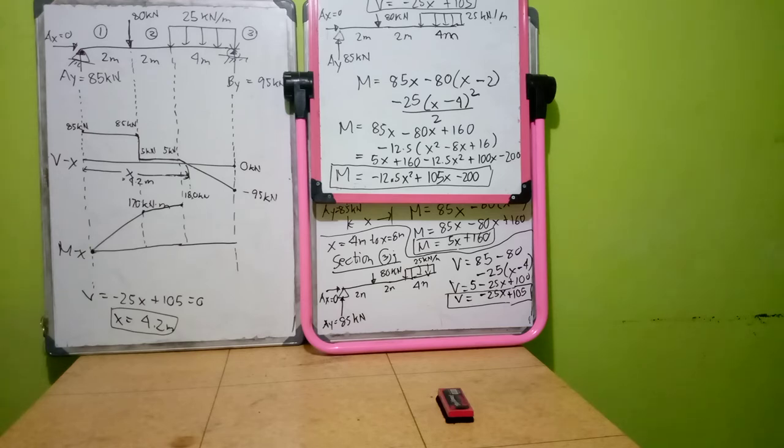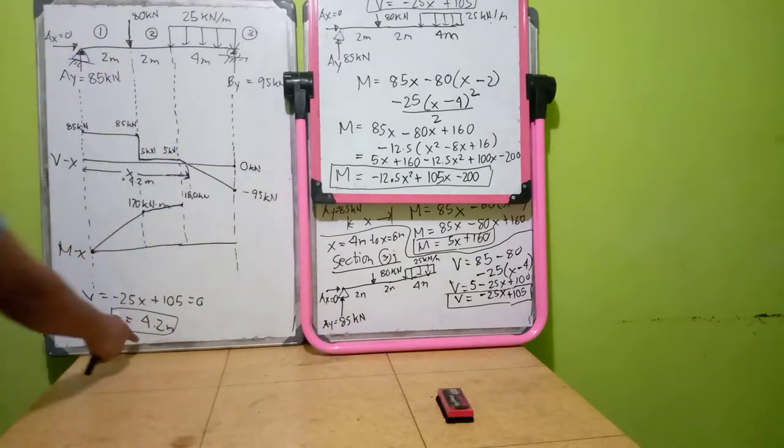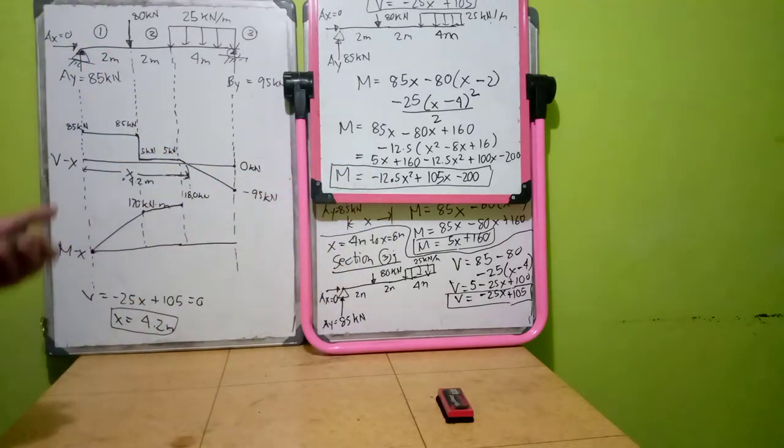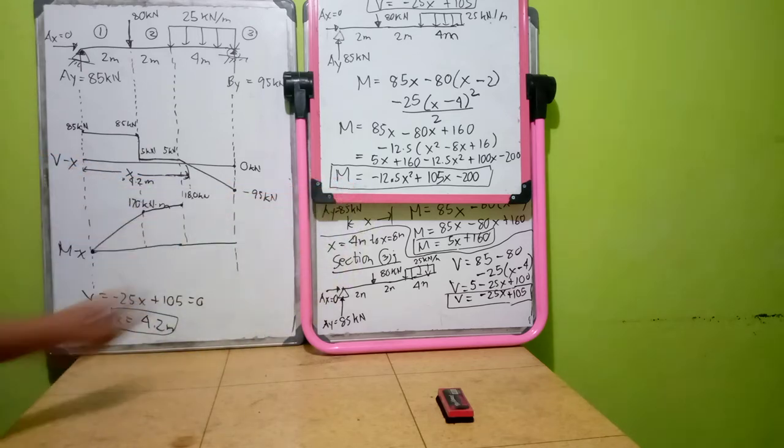So by using a calculator, we try x equal to 4.2 and substitute the value here, so we know the value of M at x equals 4.2.